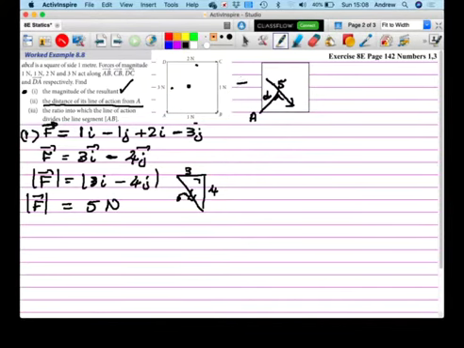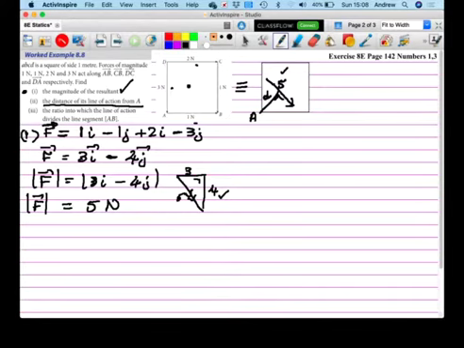Now we know that these two systems have to be equivalent. By equivalence we mean they have to behave in the same way. I've got the correct force, so I know that the force in the equivalent system is definitely 5, and according to this diagram down here, it's going off to the right and down. That's represented on the diagram.